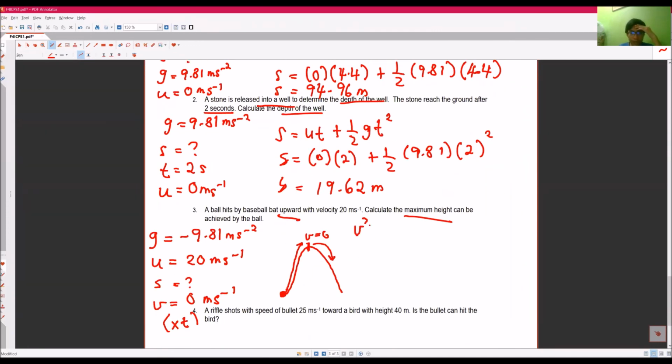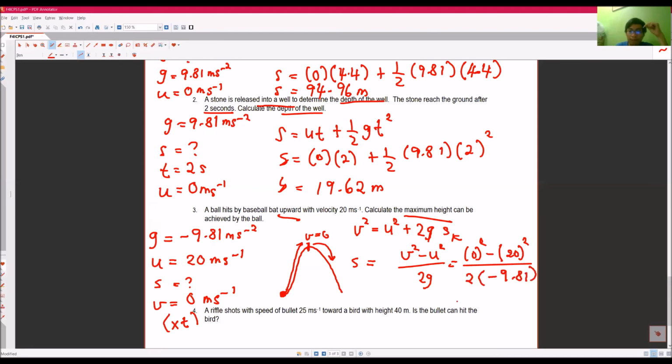v square equal to u square plus 2gs. So we need to find s. Rearrange: v square minus u square, divided by 2g. So plug in 0 square minus 20 square, divided by 2 times negative 9.81.